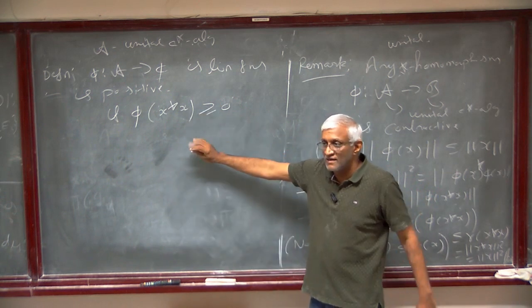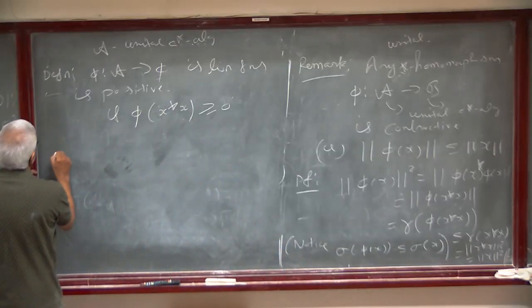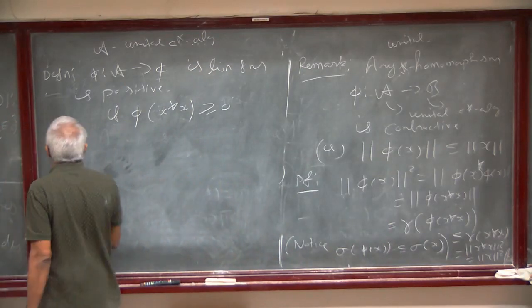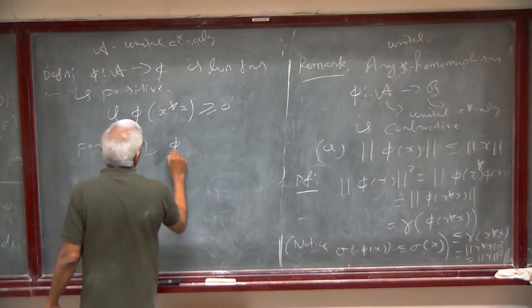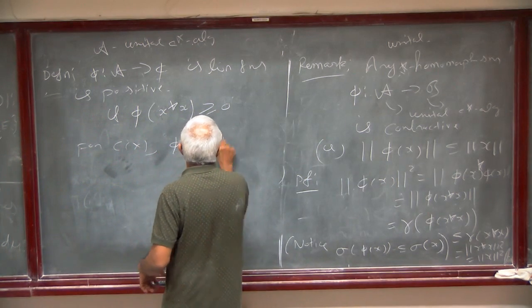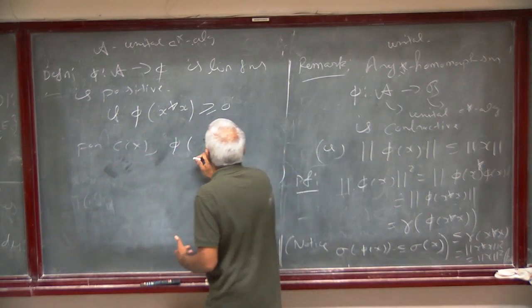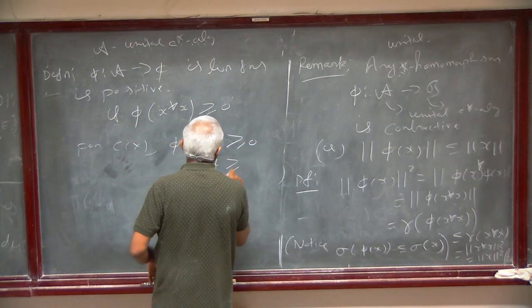We will come to this later. We are not going to use it, but I'm only using it for the C* algebra, I mean, for C(X). For C(X), this is just phi of |f|; any f*f is |f|^2. Any positive function f, phi(f) is greater than or equal to 0 for all f greater than or equal to 0.